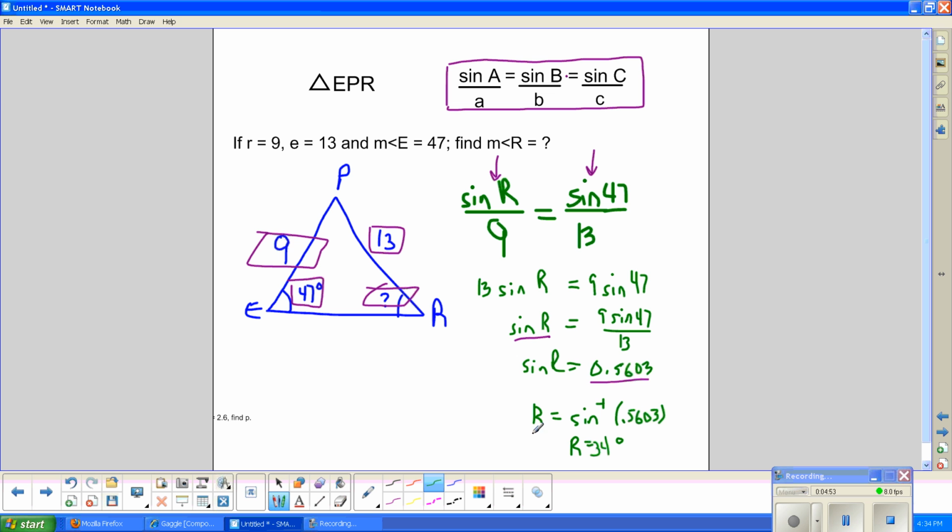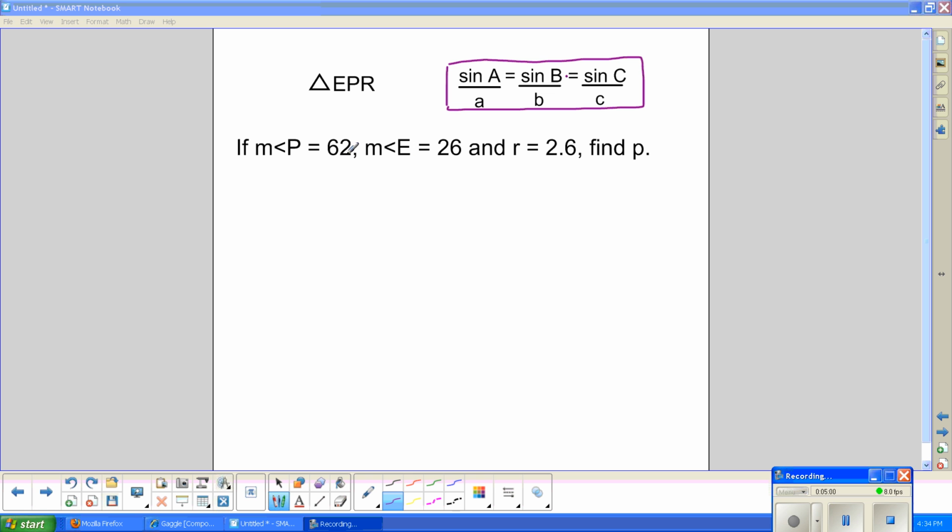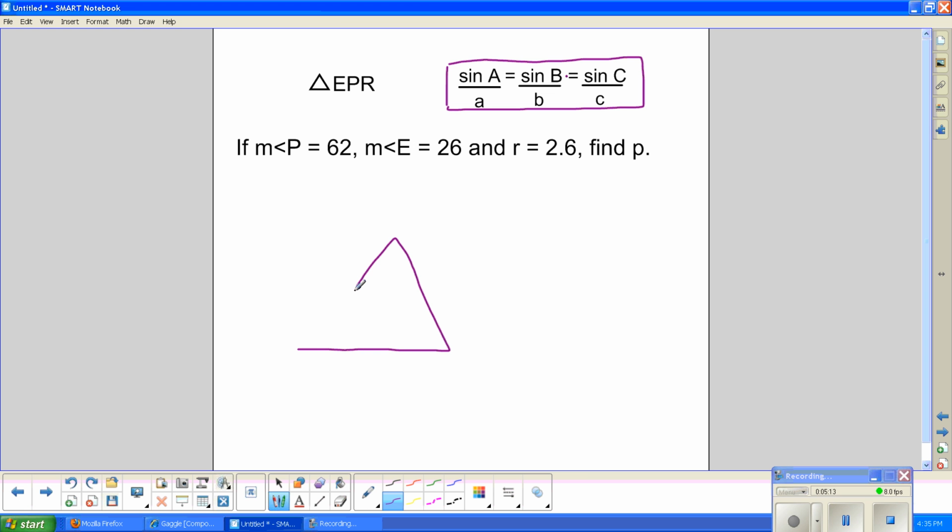Now, we're going to try another example here, working from the top down. So we'll go to the new page here. Again, for triangle EPR, they show the angle of P is 62, the angle of E is 26, and they give you r is 2.6, and they want you to find p. Again, there's the law of sines from our proof. I'll do a quick and very rough sketch of triangle EPR.